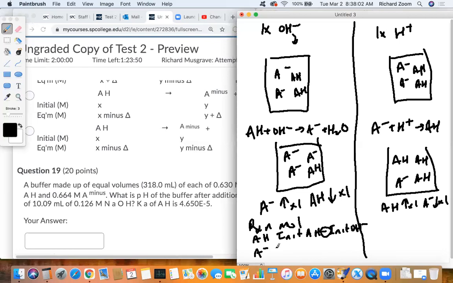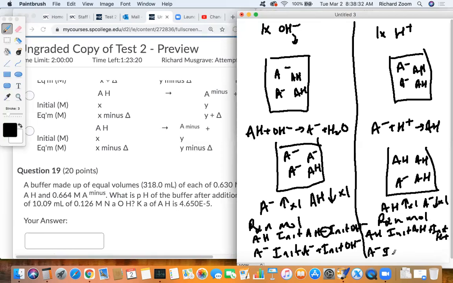And for A minus, it's going to be initial A minus plus initial OH minus. On the other side, again, reaction moles, for AH it'll be initial AH plus initial H plus, and for A minus, it's going to be initial A minus minus initial H plus.